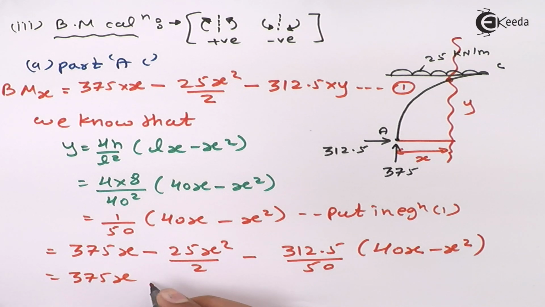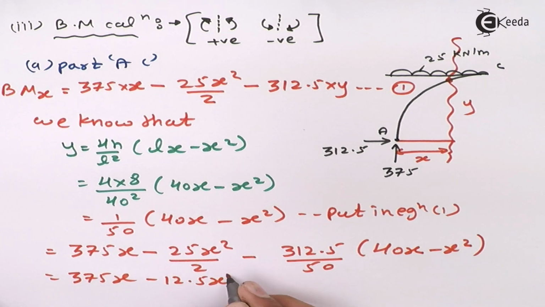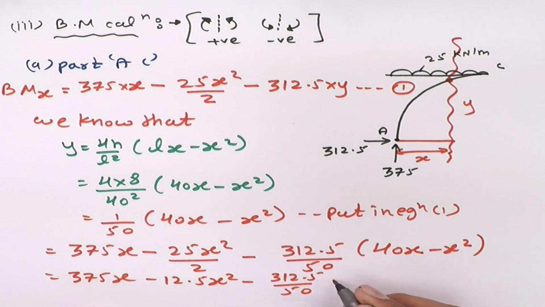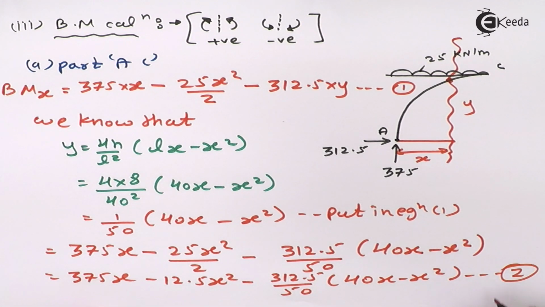375x, this will get 12.5x square minus... take it as equation number 2.